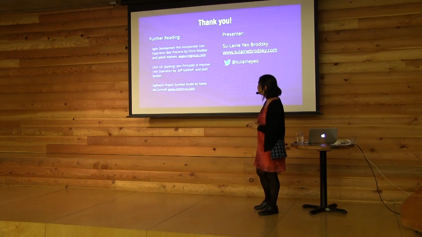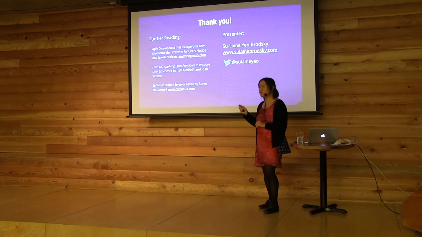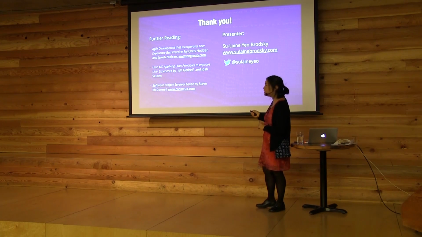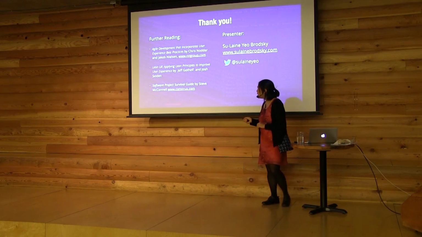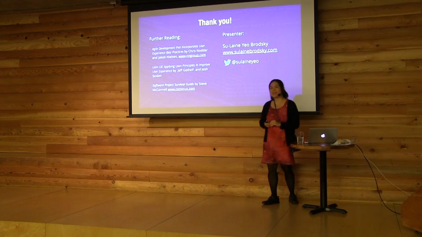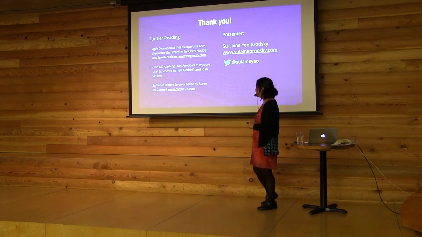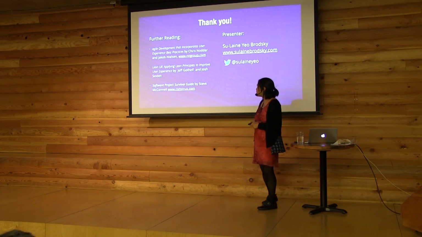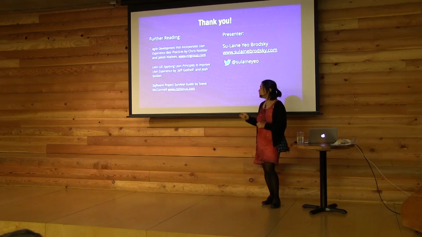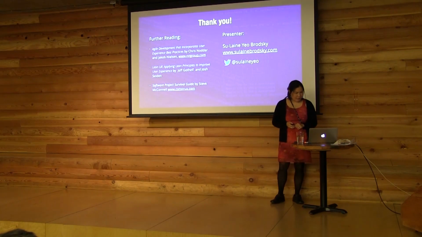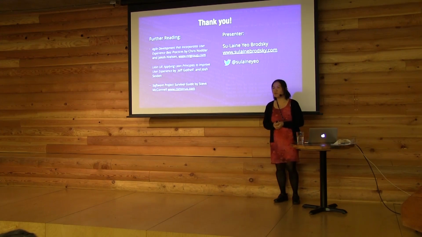Really readable and really evidence-based. Lean UX is also a really great book. And on change management, the classic is an oldie but goodie called the Software Project Survival Guide, and most of that is also on the web. Okay? And any questions or further thoughts, feel free to tweet me, or any questions or further thoughts now?